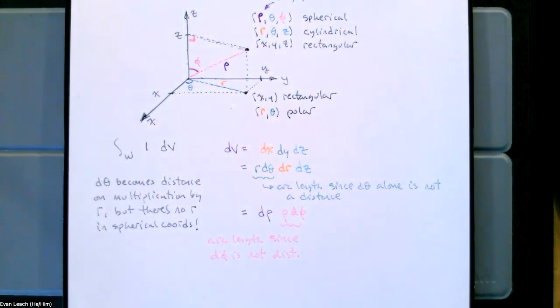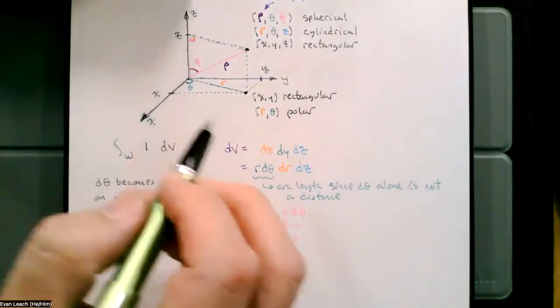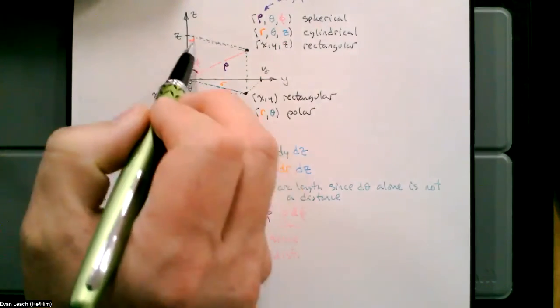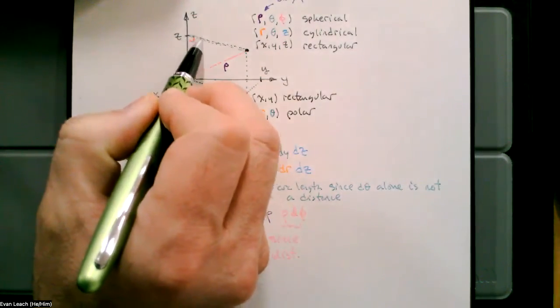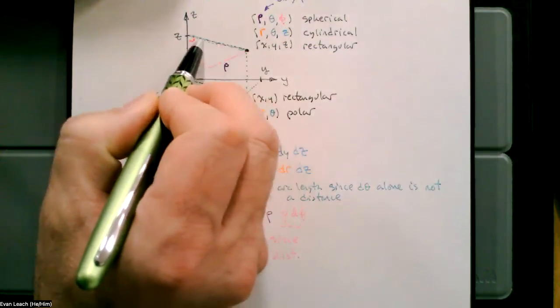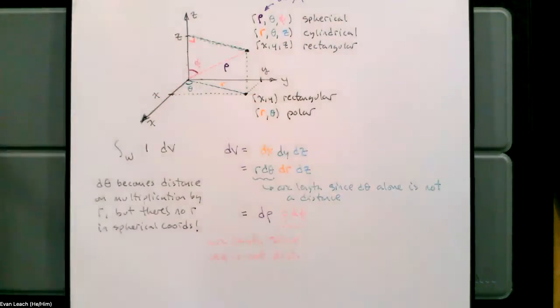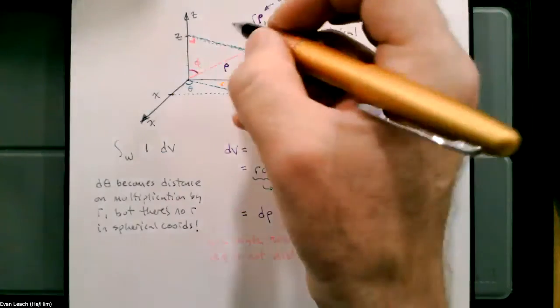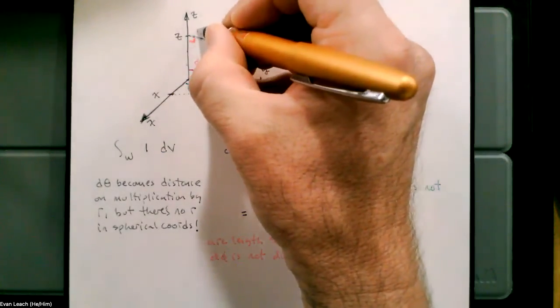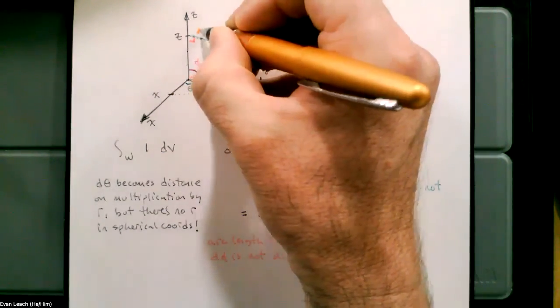But if we go back up to our picture, notice that r, this distance, is the same as this distance from the z-axis to our point.